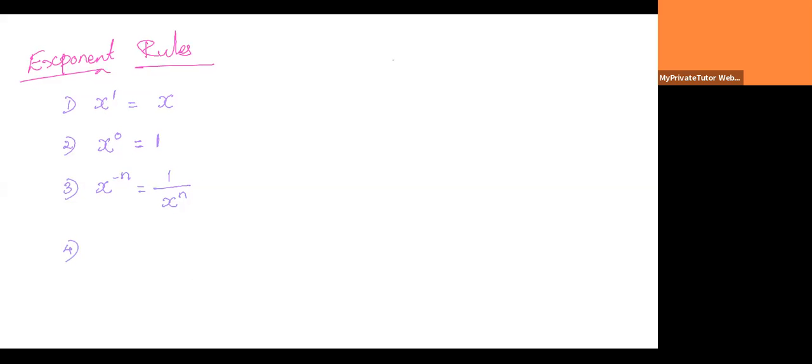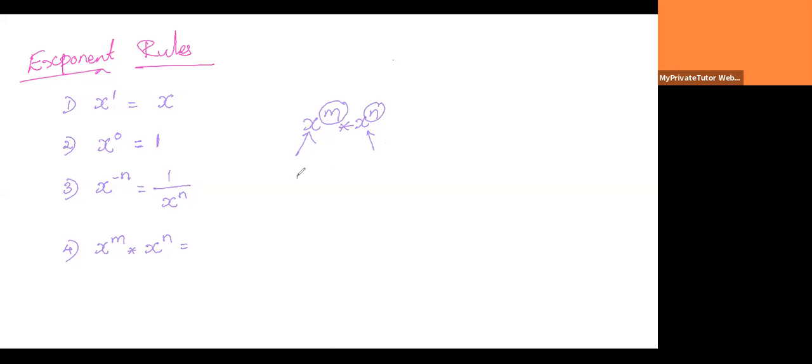These are the basic first three, and now we are going to learn the exponent rule for multiplication. X power m times x power n. What is the difference here? You can see that the bases are the same, which is x, but the exponents are different.